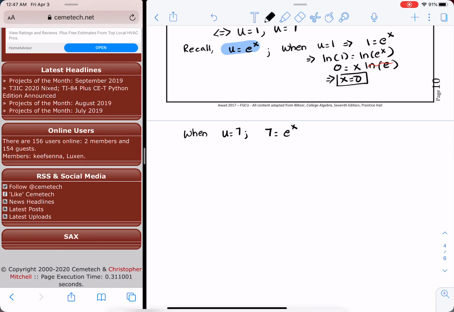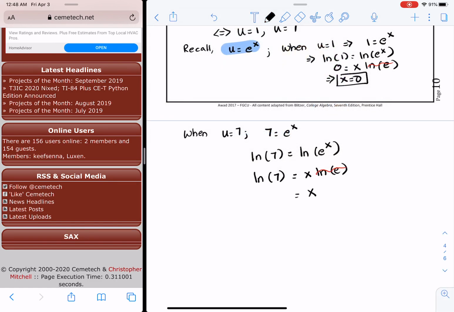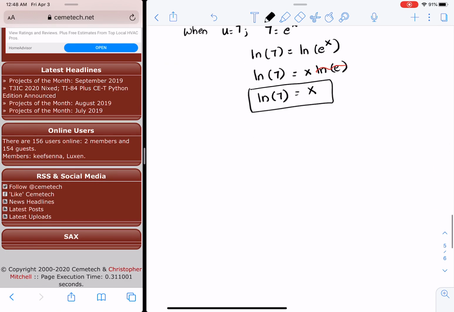We take the natural logarithm on both sides. ln of 7 would equal ln of e raised to x. Move the x to the front. We have ln of e times x. That would equal ln of 7. Those two sort of go away and become 1. So x times 1 is x equals ln of 7. Therefore, the second solution for x is ln of 7.